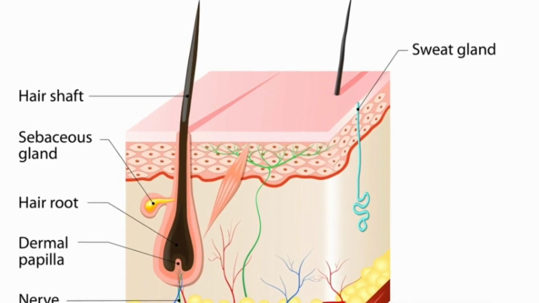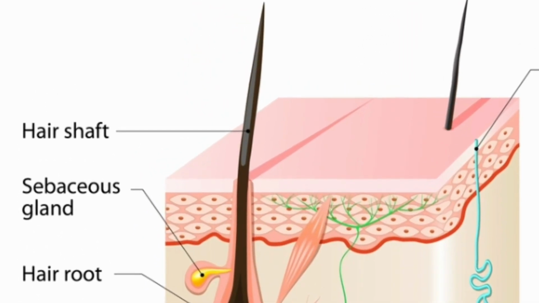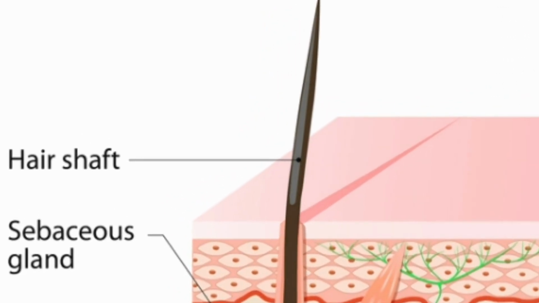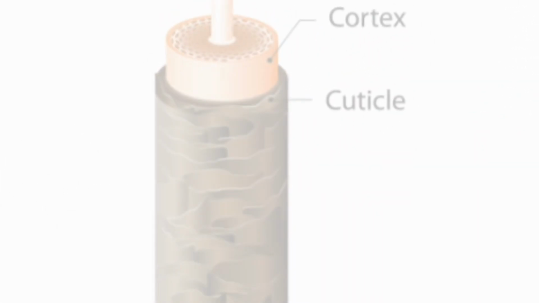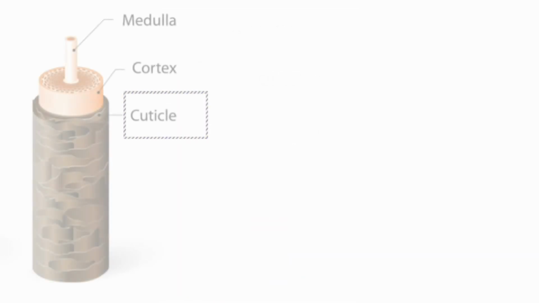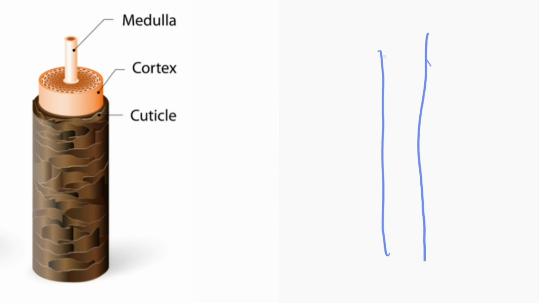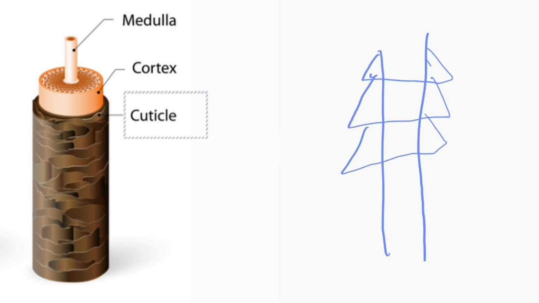In order to understand hair porosity, we have to look at the structure of the hair and the hair shaft. Now, the hair shaft is made up of 3 layers. They are the cuticle, the cortex, and the medulla. The cuticle of the hair is the outer protective layer making up 10% of the hair shaft, consisting of keratin scales which overlap to look like shells.